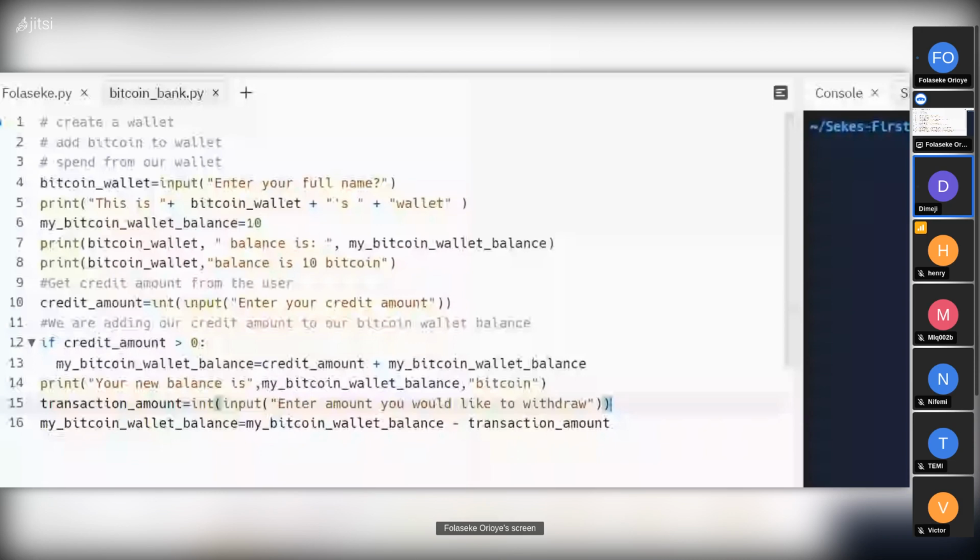Can you guys hear me? Yes, sir. Nifemi, do you have your code updated to that point? Yes, sir. All right, please, I would stop Folashike from sharing a screen. You can share your screen, please.